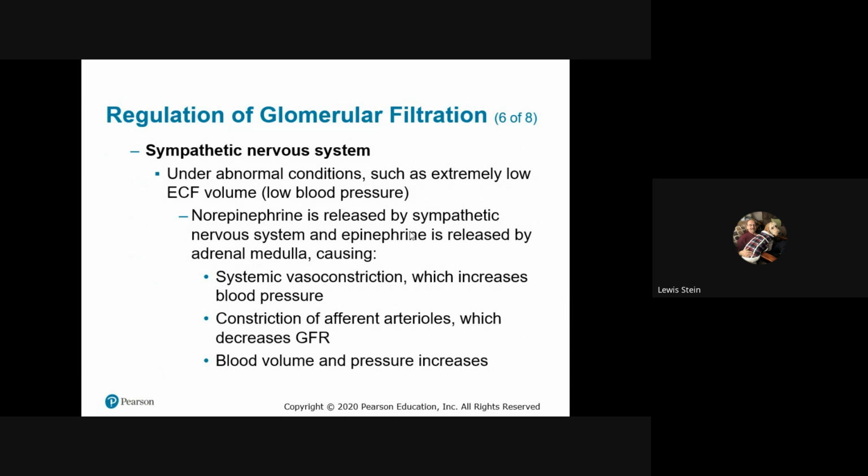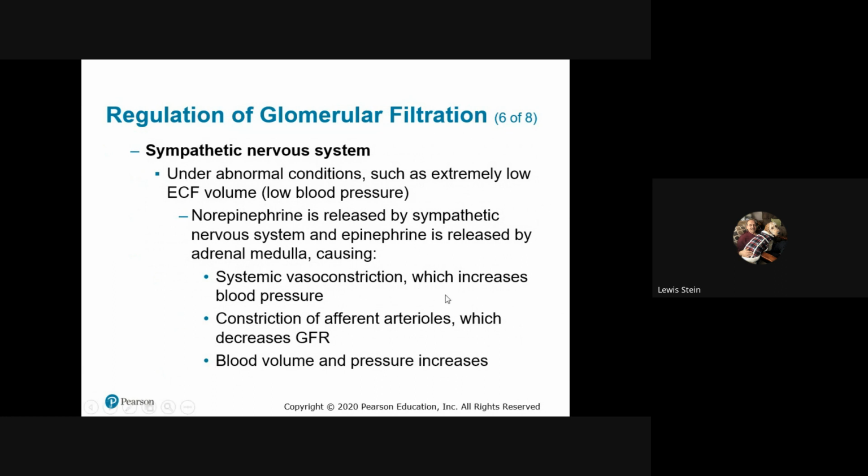So the classic presentation of shock is low blood pressure but a very high pulse rate, and your heart working overtime. That's a recipe for disaster. Your heart's trying to do something that it can't physically do. It can't force blood around when there's not enough fluid in the system to force it around, except it doesn't know that. And that's the problem associated with it.